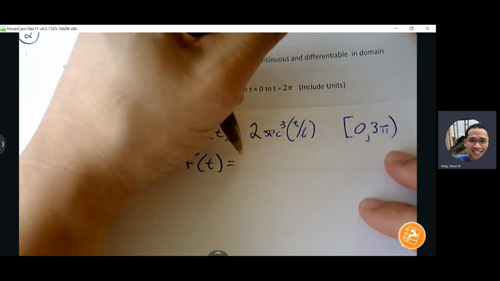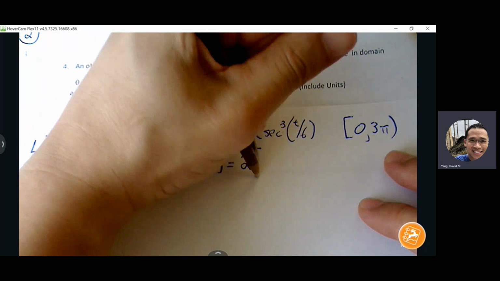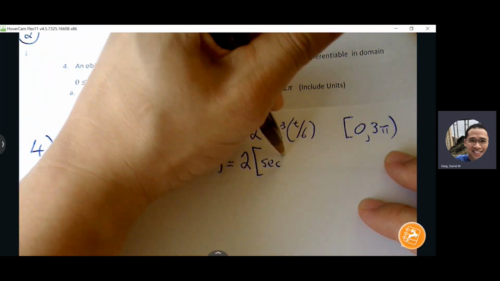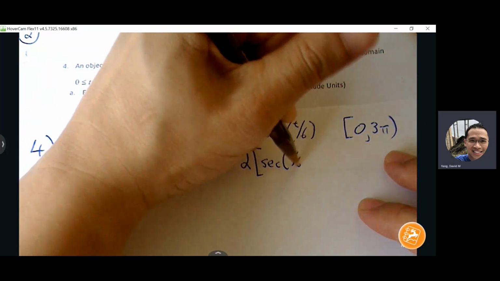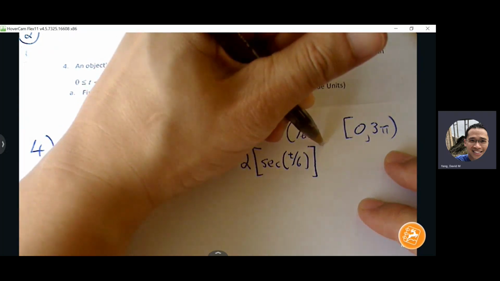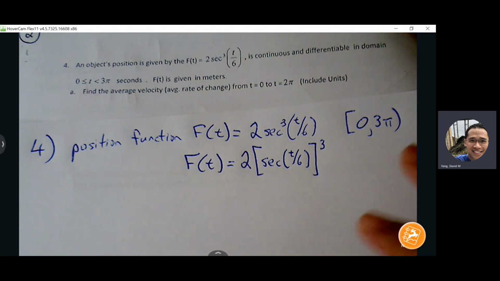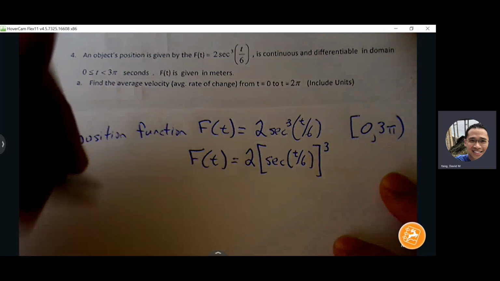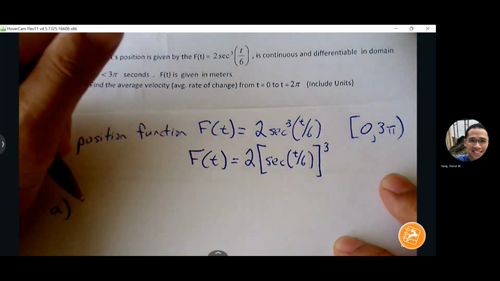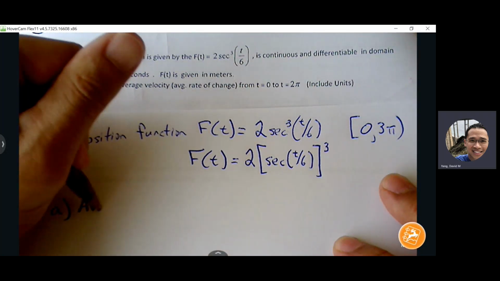It's harder to interpret, even though it's easier to write. So I really encourage you, whenever you're working on the problem, rewrite it, get that exponent to show outside a set of brackets so you know which order you're working things in. Okay, so now part A is asking for average velocity. Does anyone know what the definition for average velocity is?